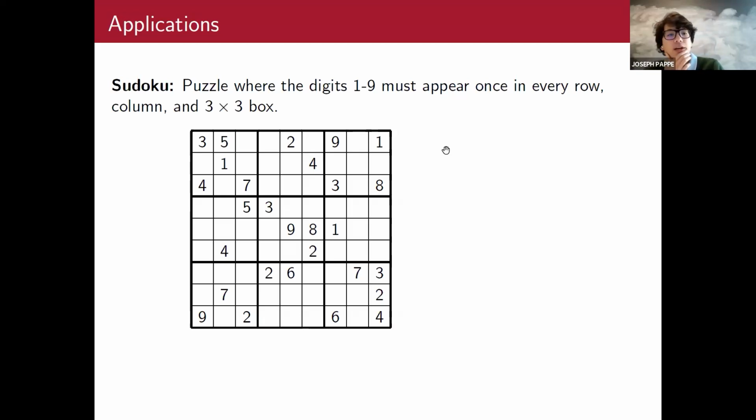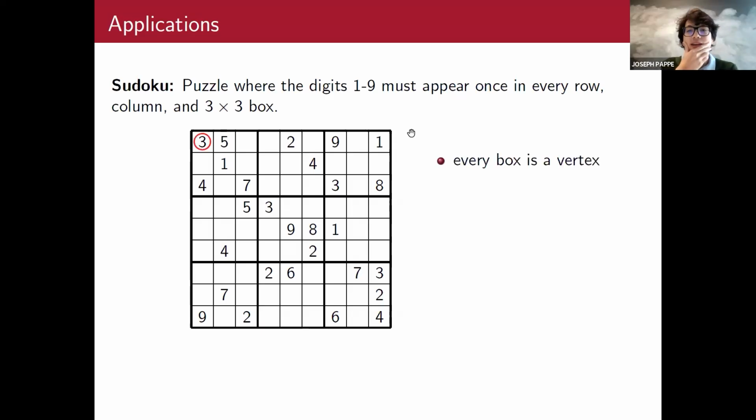So our question is, given an arrangement of numbers, is the Sudoku puzzle valid? Is it possible to logically fill out this grid in a single way? How could we model this?